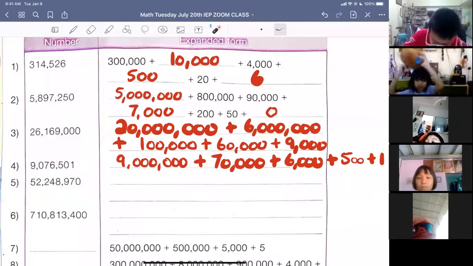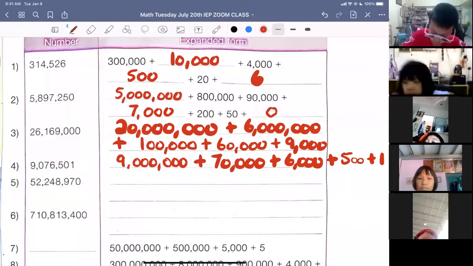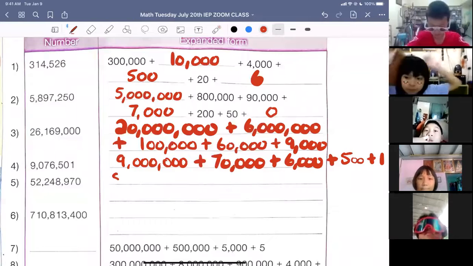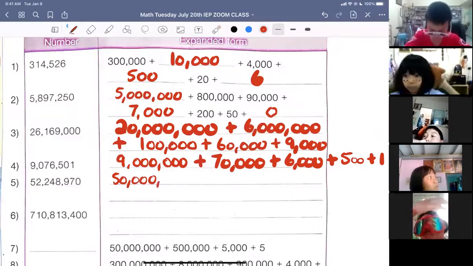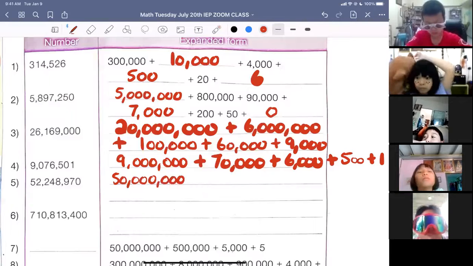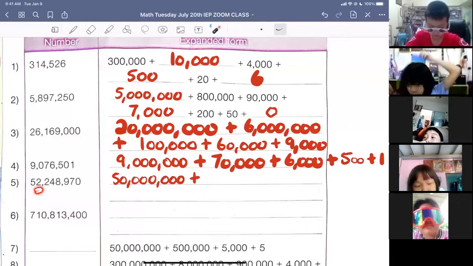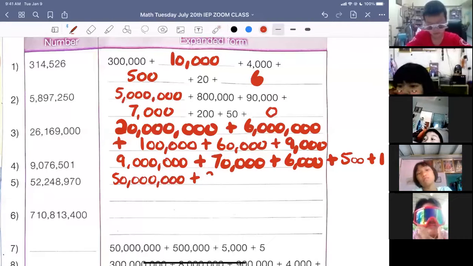What does this 5 mean? This 5 is in the 10 millions, right? So this 5 represents 50 million, plus, what does this 2 mean? It's in the millions again. So plus 2 million.